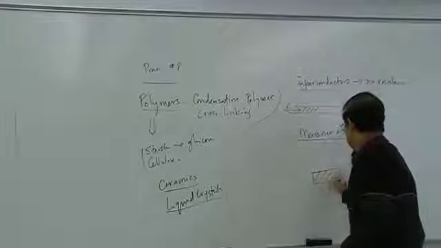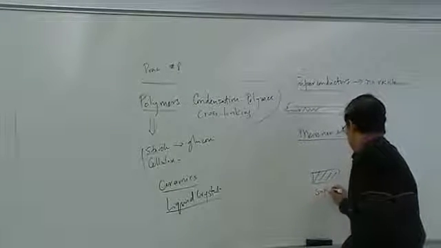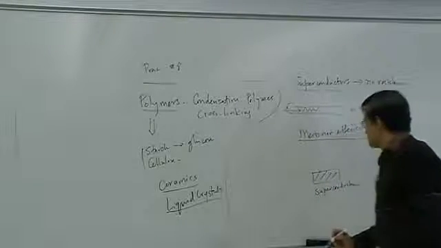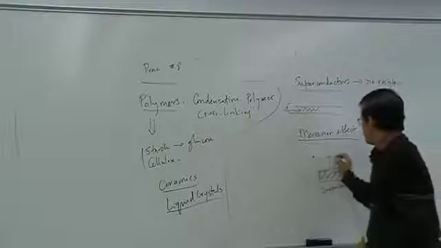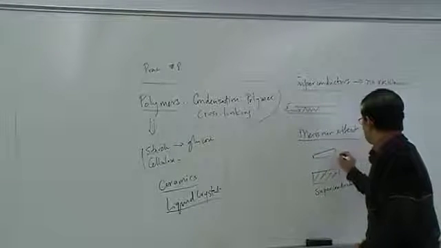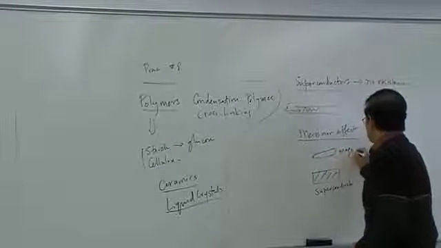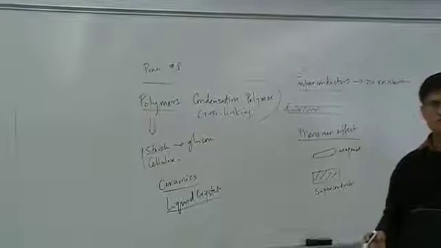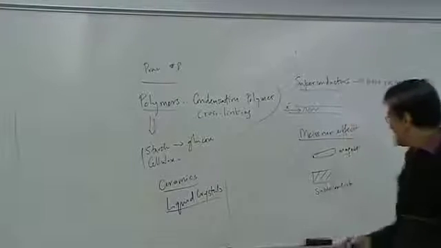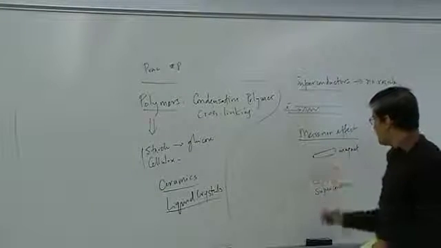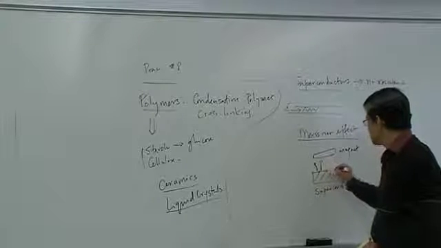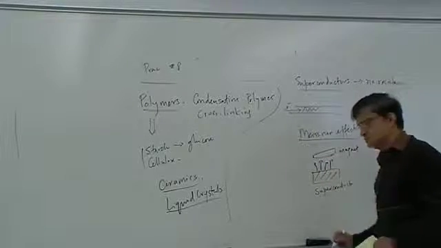Say this is a superconductor, and I have a magnet. The magnet is going to float as if there is no gravity acting on it. That's the Meissner effect. In books you'd see this kind of definition, that it excludes the magnetic field.